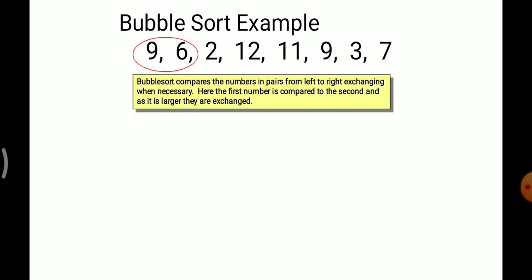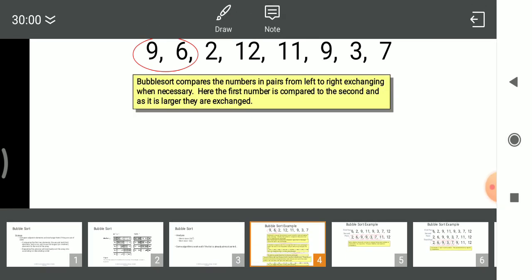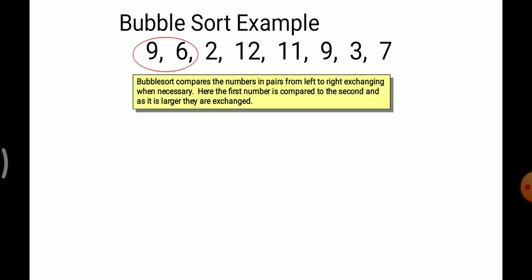Now we can see this example. Suppose this is another array: 9, 6, 2, 12, 11, 9, 3 and 7. In bubble sort, the numbers are compared in pairs from left to right and exchanged when necessary.